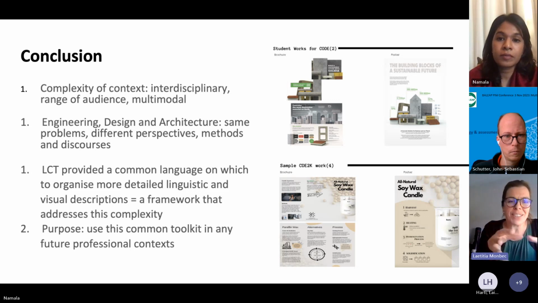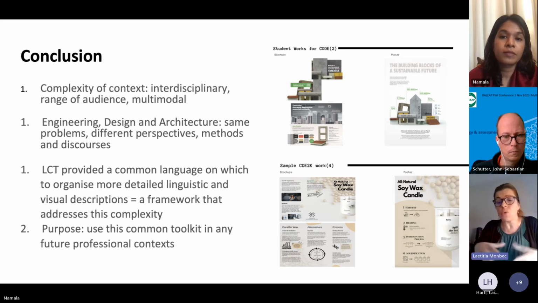Designers less, and architecture are somewhat in the middle. We found that if we made all that visible to them, presenting it not as something normal for their own discipline, but as resources they can choose from according to the audience and the purpose, that would give them more choice and agency over the way they communicate.